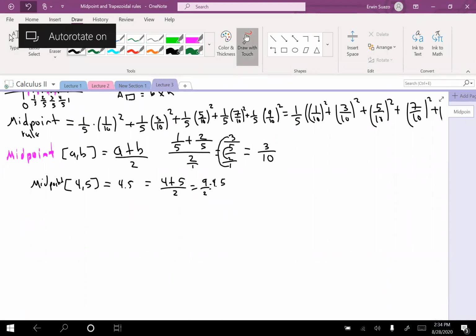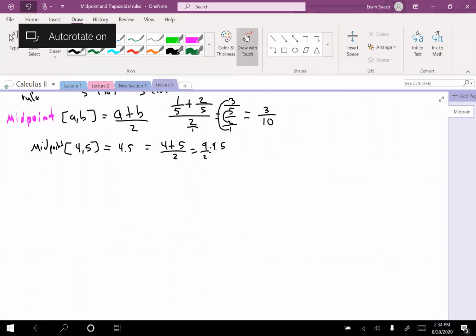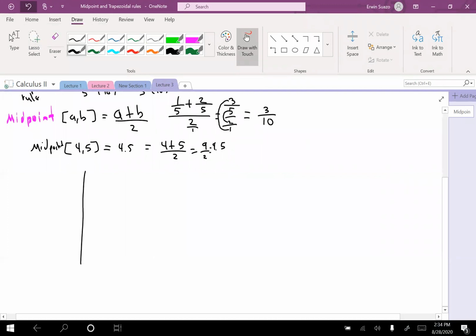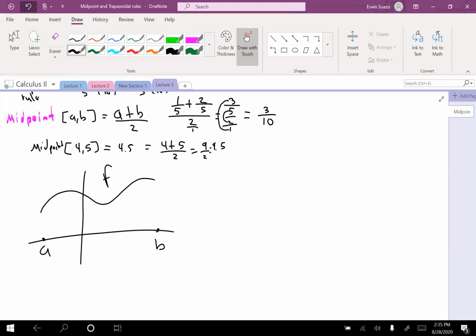So suppose you have another function. This is a, this is b, and this is f of x. So my midpoint formula is, delta x equals b minus a over n.